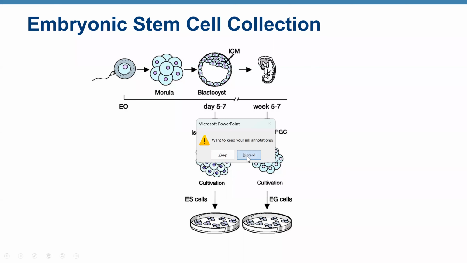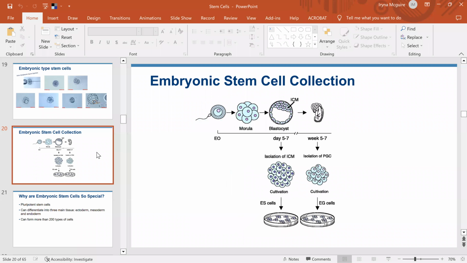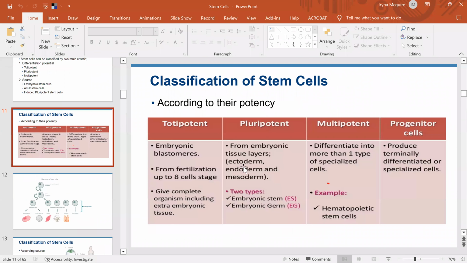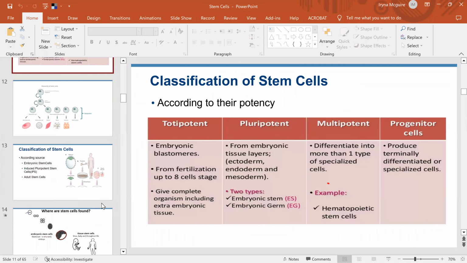So I want to go back to show you where we cover this process right here. When we're talking about pluripotent cells, we have embryonic stem cells and embryonic germ cells. Gonads are your ovaries and testes, so they are called embryonic germ cells.